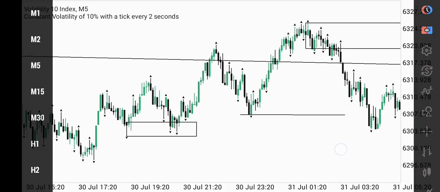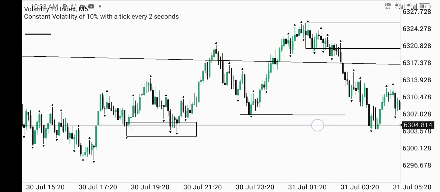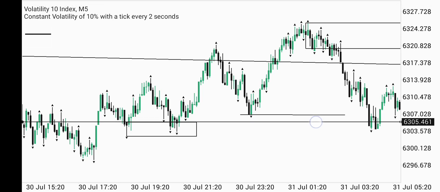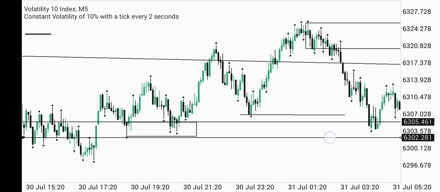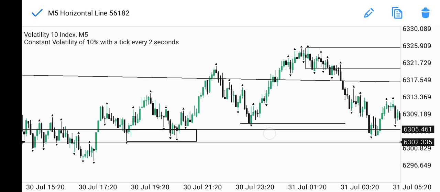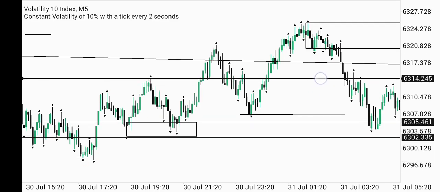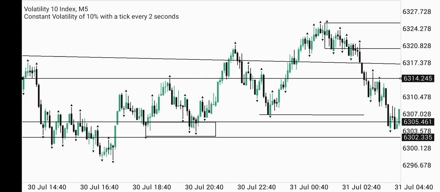Let me use this horizontal tool as our entry and our stop loss. So that I've entered there, but me personally I wait for confirmation. I'll make a video on that. I can move to a lower time frame and check the candle. And we target that last high. This is like a 1:3 something.